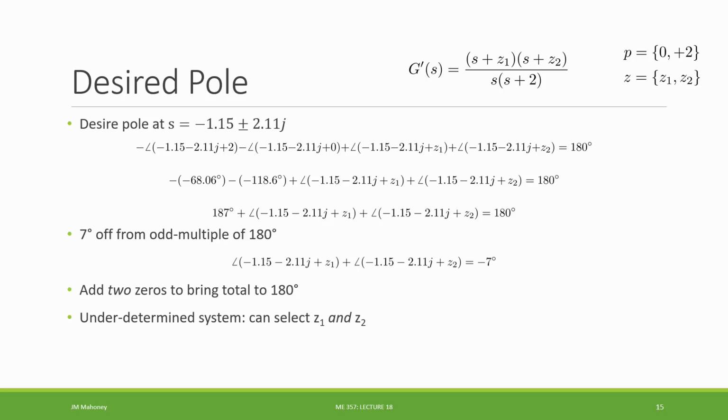So not any combination would work, but there were an infinite number of them that would. So depending on what I select for my z values is going to change the controller, which is going to change the behavior of the system. So I have an infinite number of choices. I'm going to go through two different designs and see how it's going to affect the system.